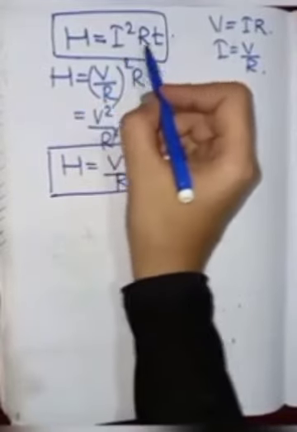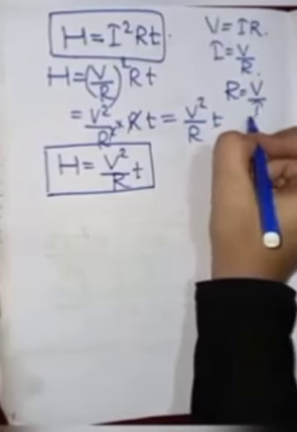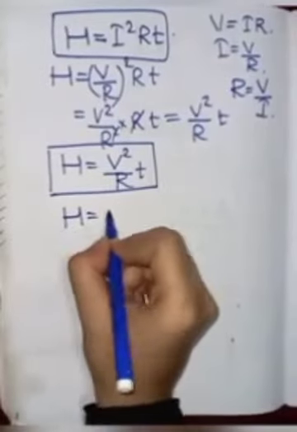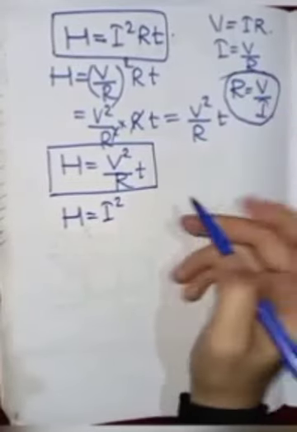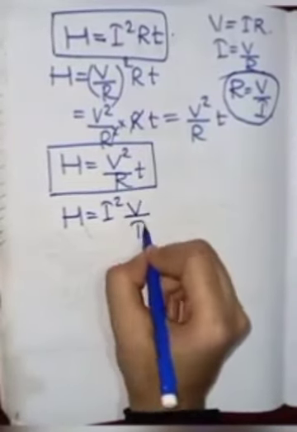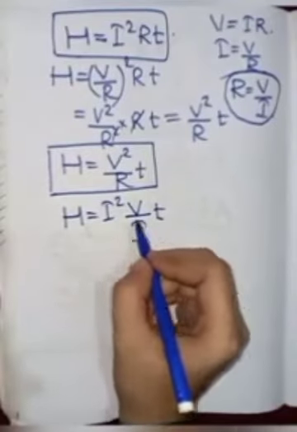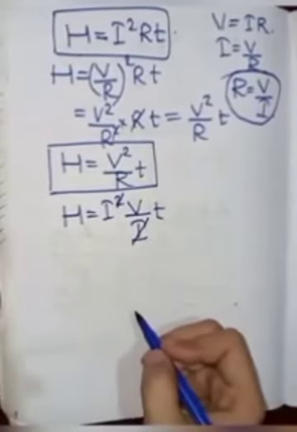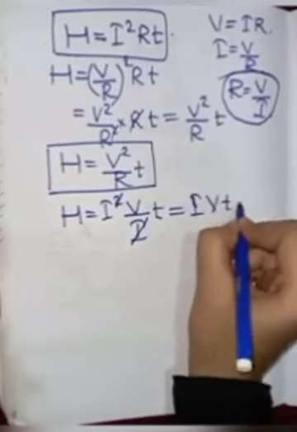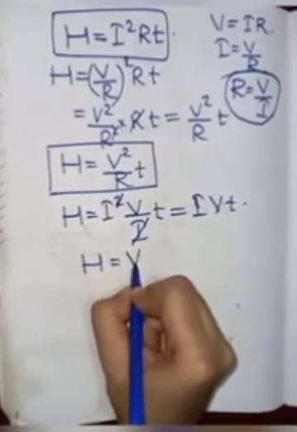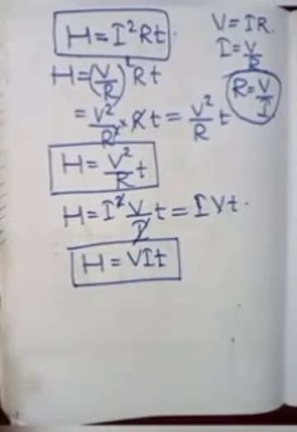First we substituted for current, now we substitute for resistance, where R is equal to V by I. H is equal to I square into R, and in the place of R we write V by I, into T. Then one I gets cancelled, and we get I V into T, or H is equal to V I T. This is another equation for Joule's law of heating.